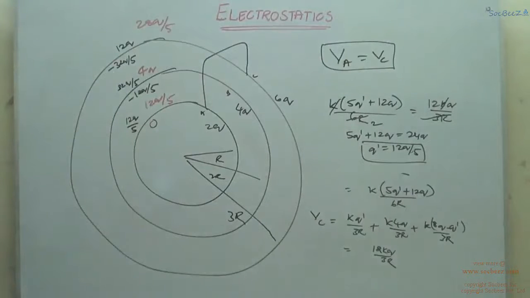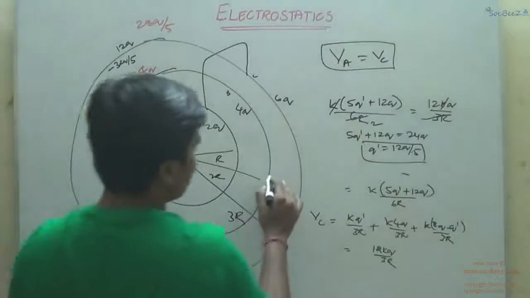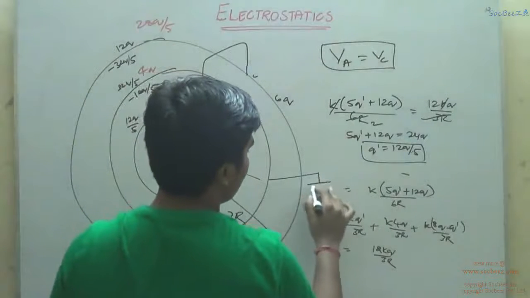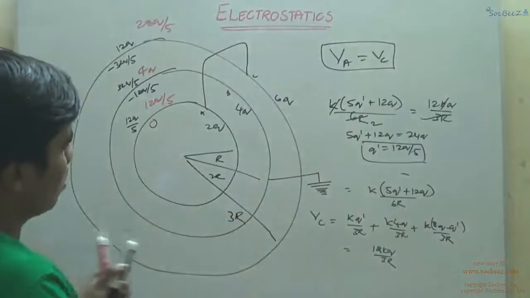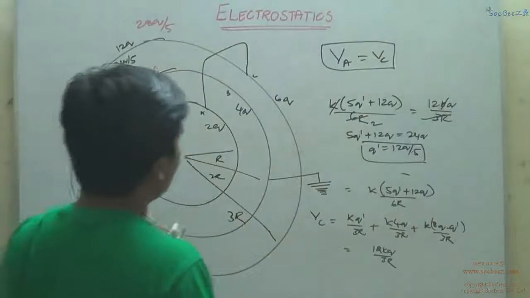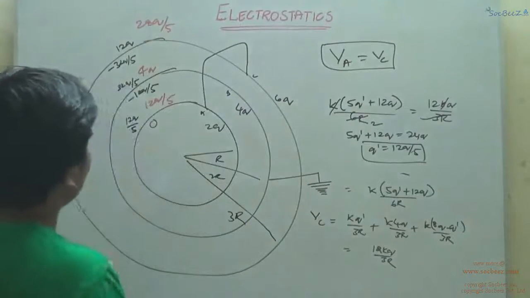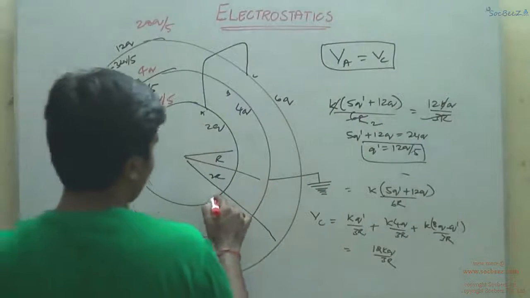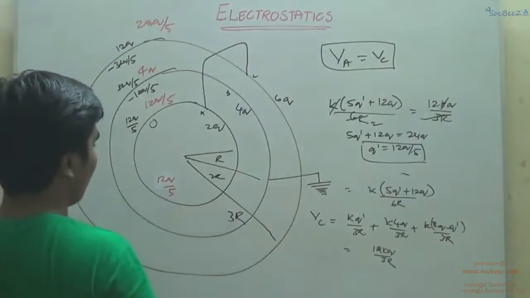Now what if I add another twist and I say that, see, this is earth. So if now B is earth, this wouldn't affect this charge, okay? The charge on this will still be 12q by 5. Sorry, it will affect.